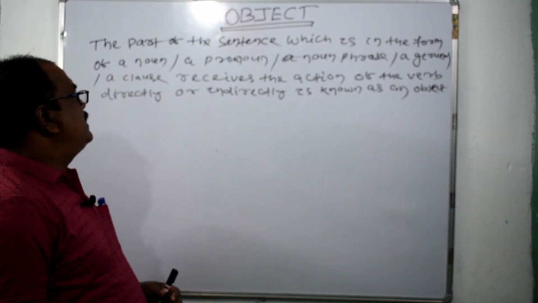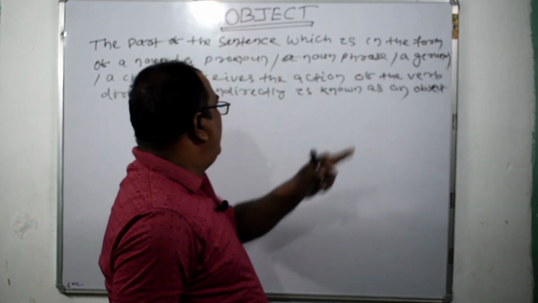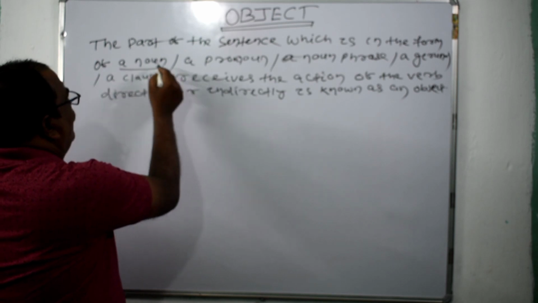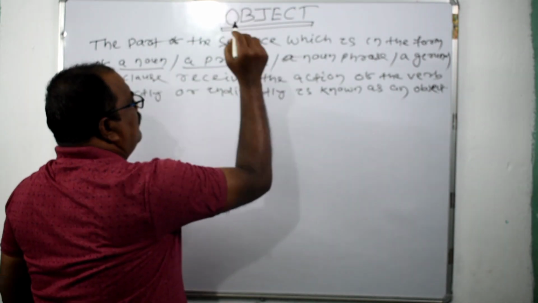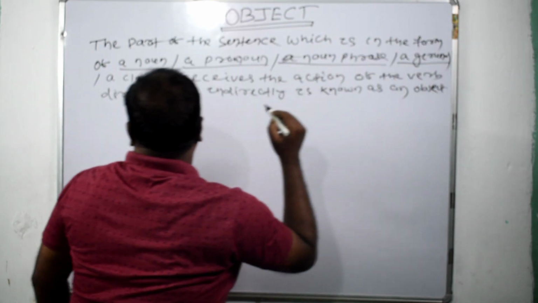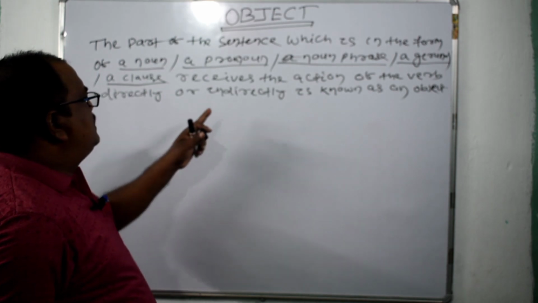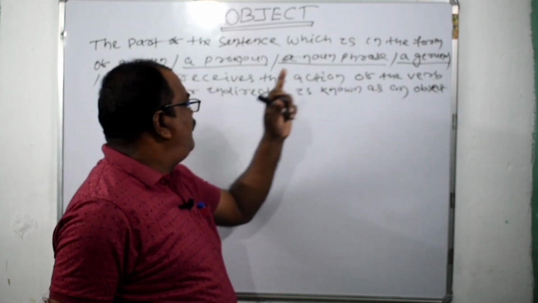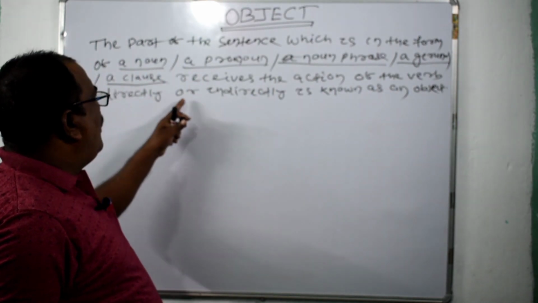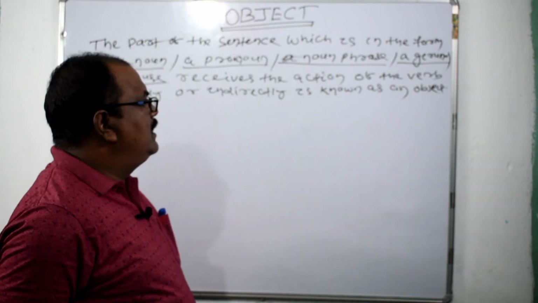Look at the definition of the object. The part of the sentence which is in the form of a noun, a pronoun, a noun phrase, a gerund, or a clause, receives the action of the verb directly or indirectly, is known as an object.